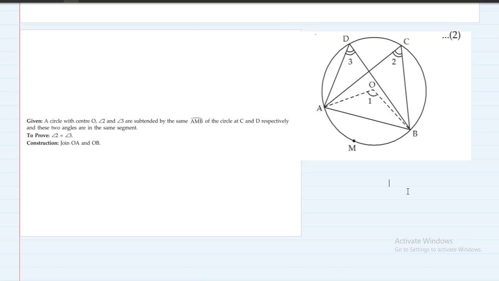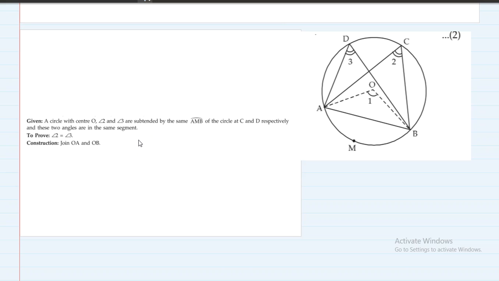Arc AMB is subtending angles 2 and 3 at the remaining part of the circle. So at point C, angle ACB is subtended by arc AMB, and at point D, angle ADB is subtended. We have to prove that these two angles 2 and 3 are equal.